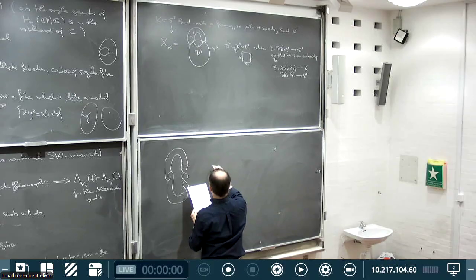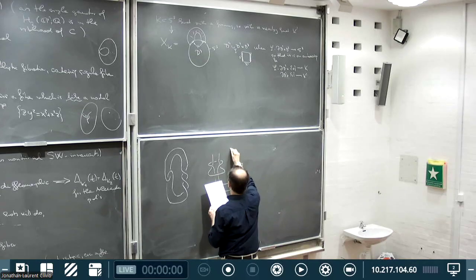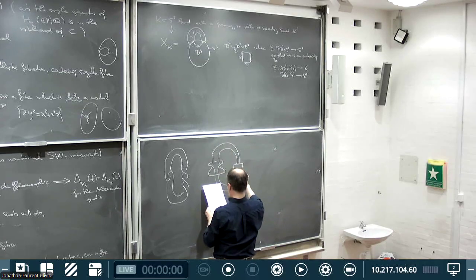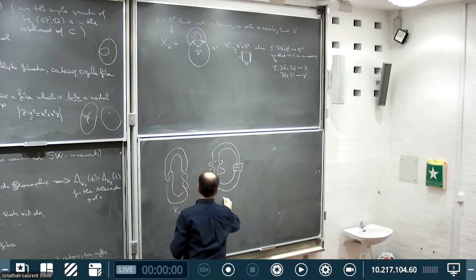And the other one is a little trickier. And we introduce -4 twists here. This is my K1, that is K2.